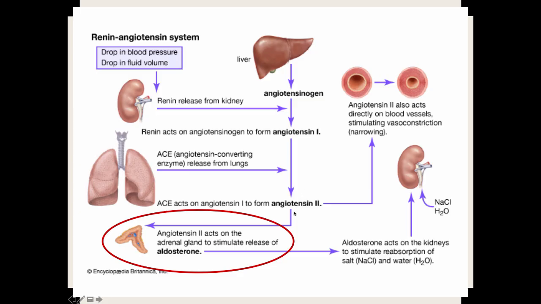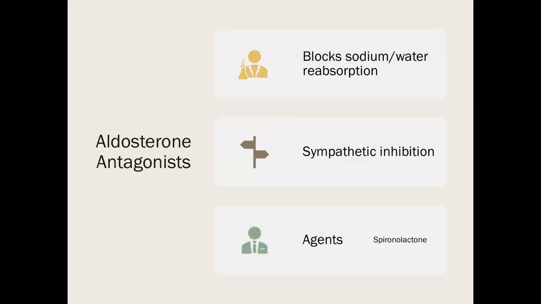So angiotensin 2 stimulates the adrenal gland to release aldosterone. Aldosterone goes back to the kidney, and tells the kidney to reabsorb salt, reabsorb water, and to retain fluid.